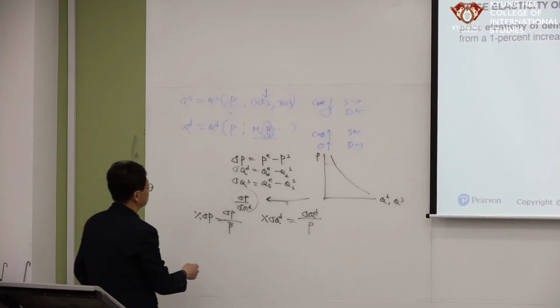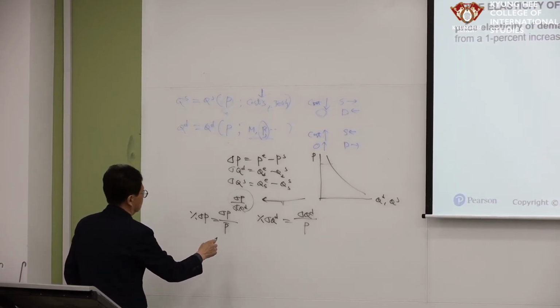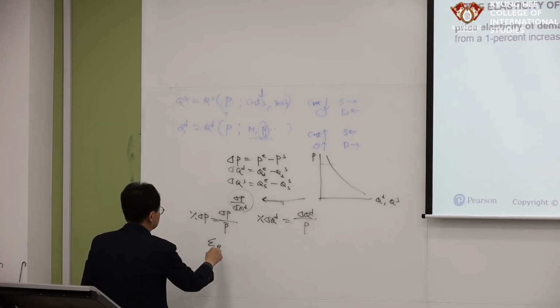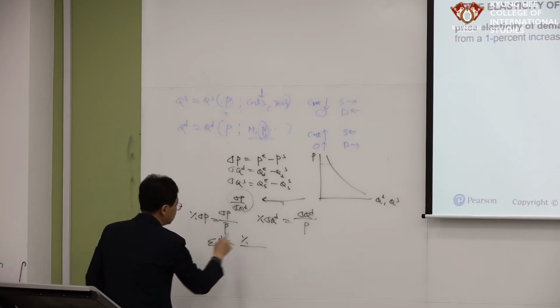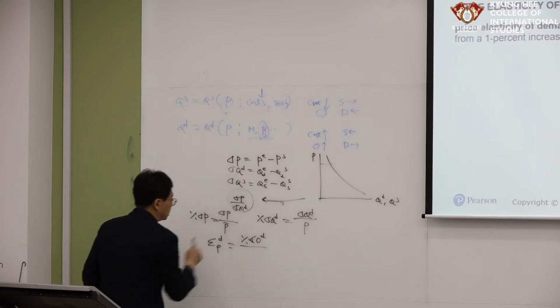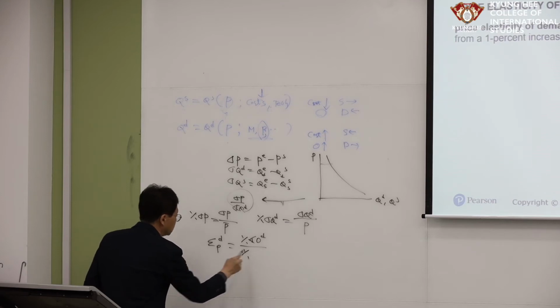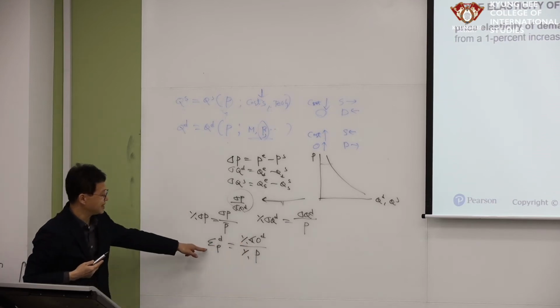Price elasticity of demand is equal to percentage change in quantity demanded over percentage change in price. That is the definition of price elasticity of demand, right?